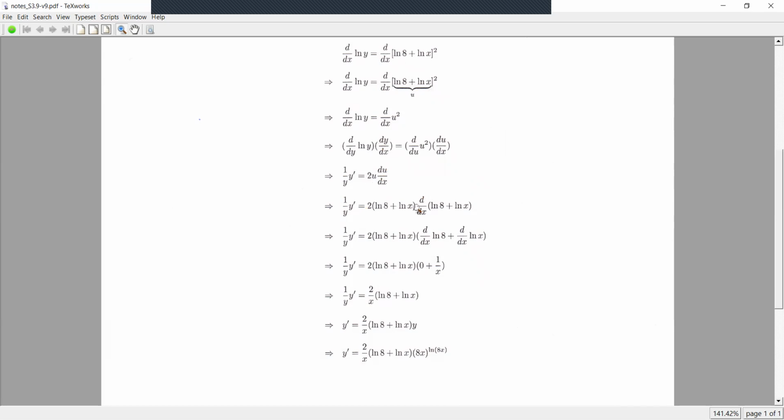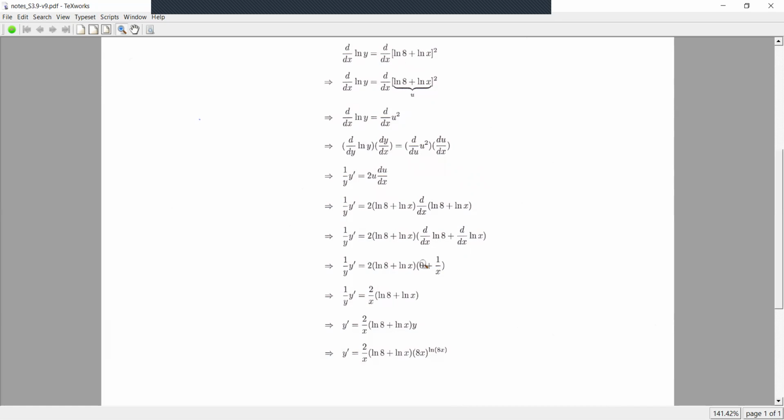Now, this derivative is, the function is a sum. So apply the summation formula. This derivative is this derivative plus this derivative. Natural log of a is a constant.